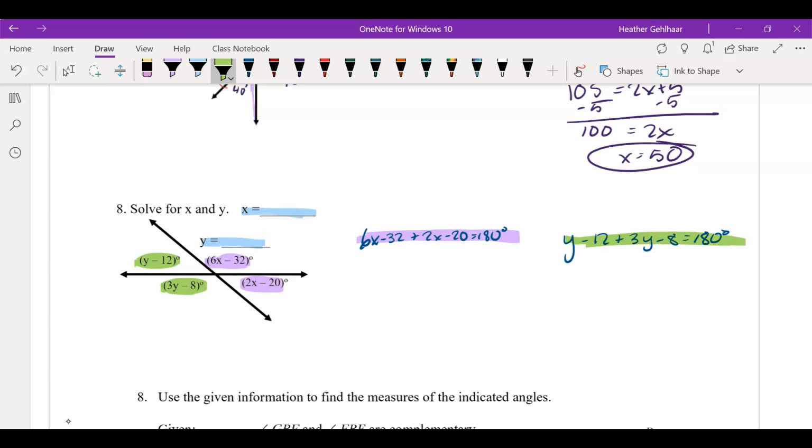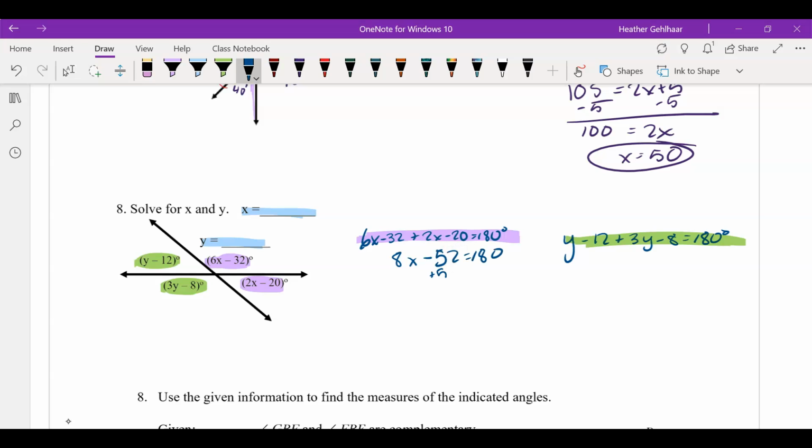So here, I can go ahead and solve for x and for y. When we solve for x, I'm going to combine our like terms. So we'll have 8x minus 52 equals 180.